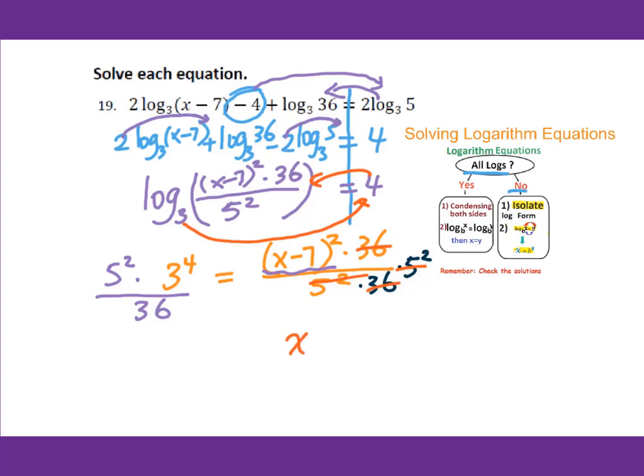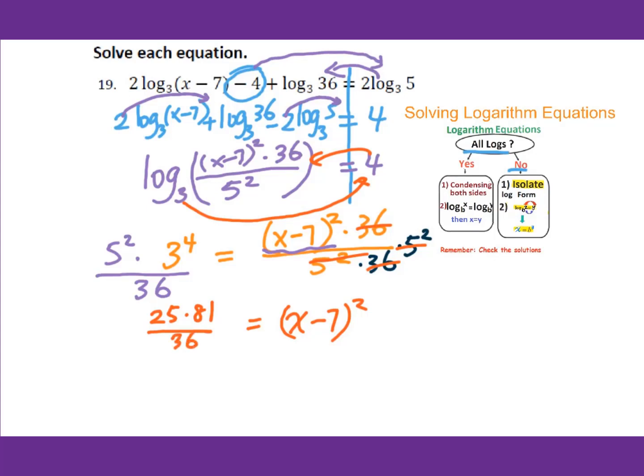You will get x minus 7 squared equals 25 times 81 over 36. Then we take the square root of both sides.